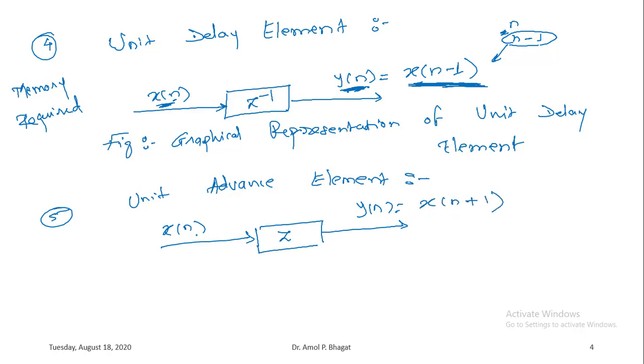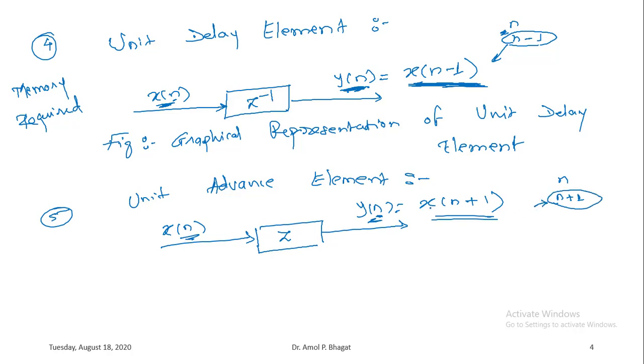Okay, so the current input is x of n, but the output depends on a future input sample, that is x of n plus 1. So the current time instance is small n, and the next, future time instance will be n plus 1, right? So to identify the current output at time instance small n, you should know the future input present at time instance n plus 1.